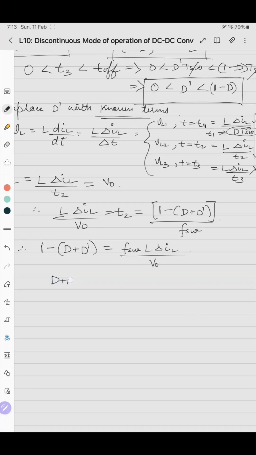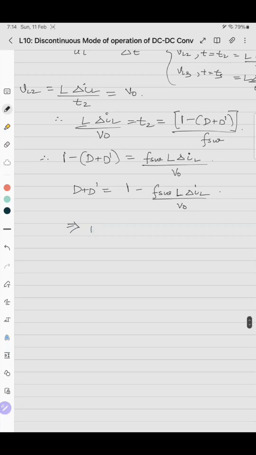So D plus D dash is 1 minus F switching L delta IL by V naught. From this expression we can write D dash as 1 minus D minus F switching L delta IL by V naught.